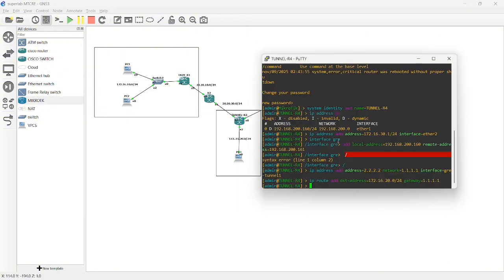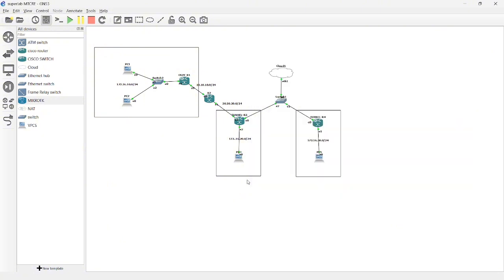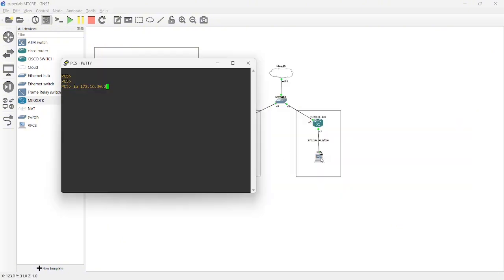Okay, next we add the IP to every PC and we show IP to check it the IP slash 24 at the IP again at the gateway. Enter.